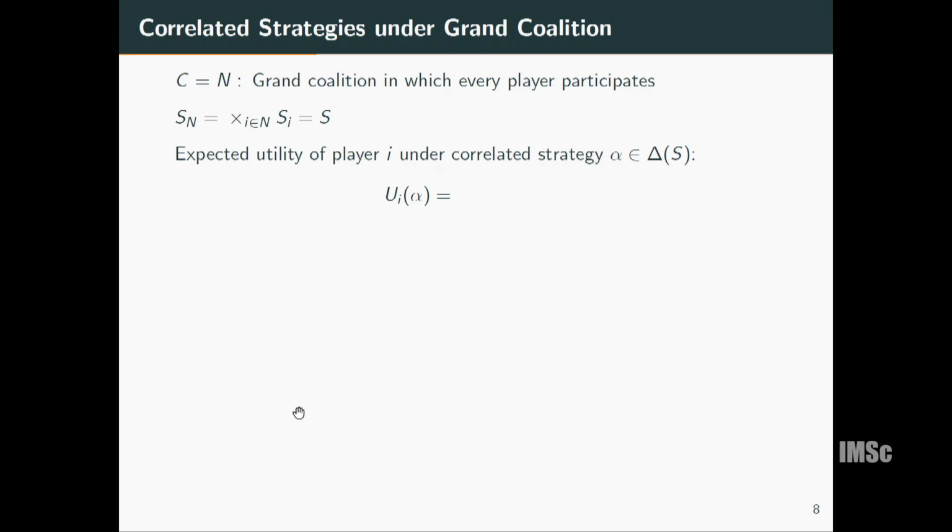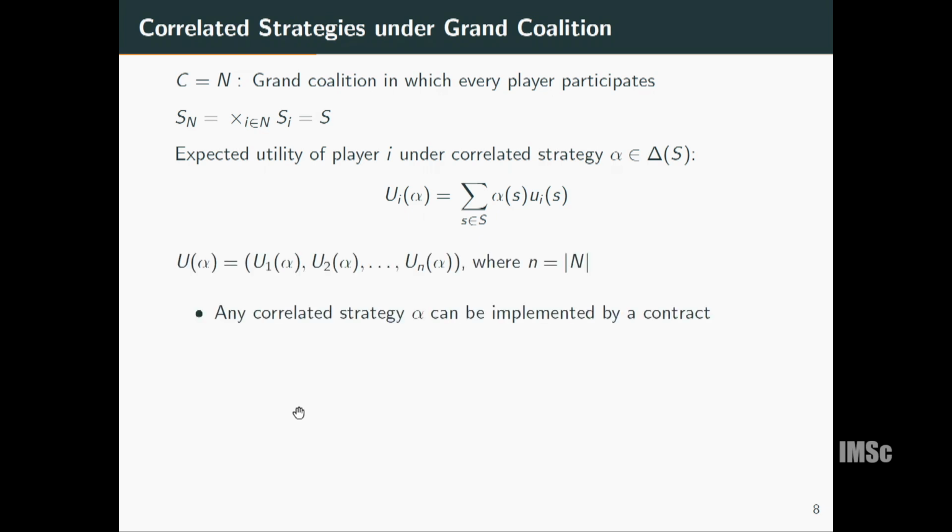And what is the expected utility of the player i under a correlated strategy? It is nothing but the sum of alpha(s) u_i(s), where s is coming from the strategy profiles of all the players. Alpha(s) is the probability that you are assigning to it, and u_i(s) is the utility corresponding to that strategy profile. Okay.